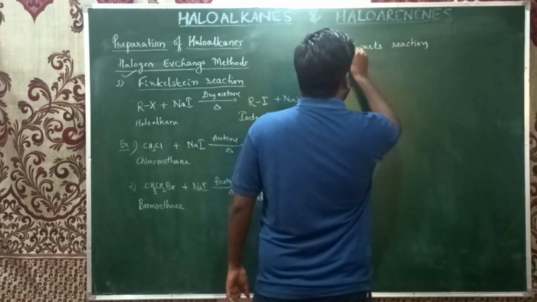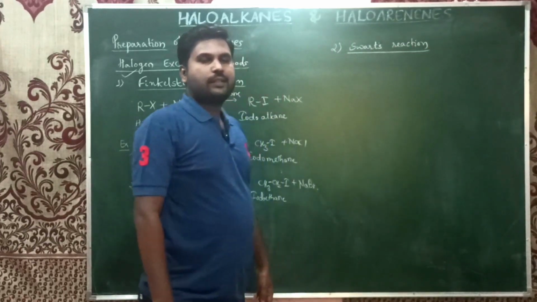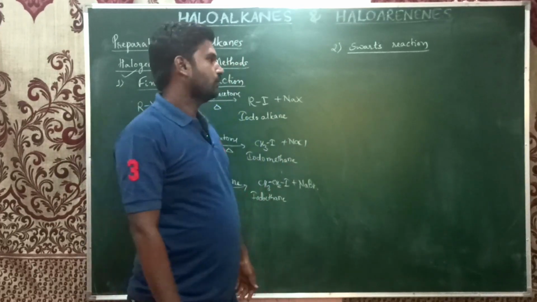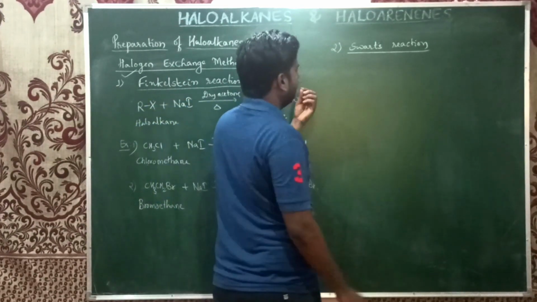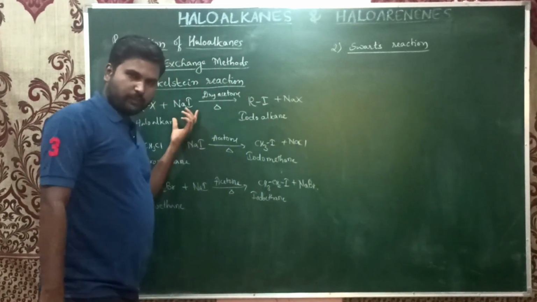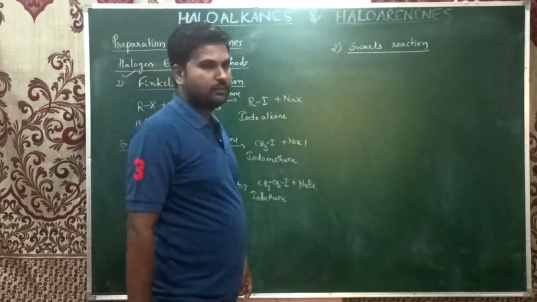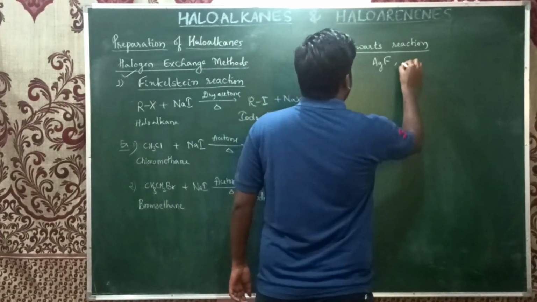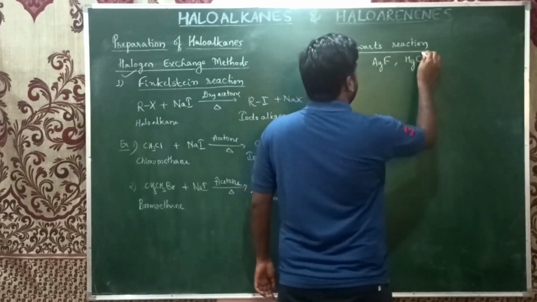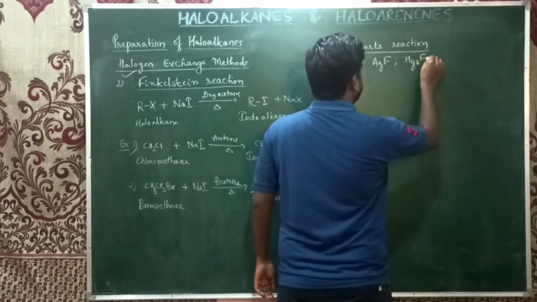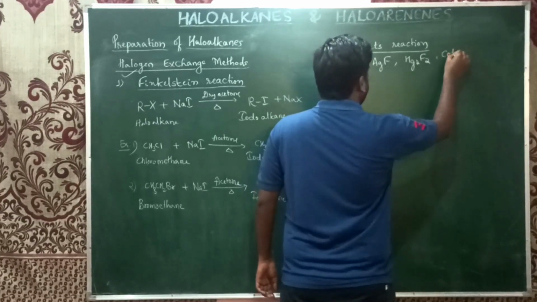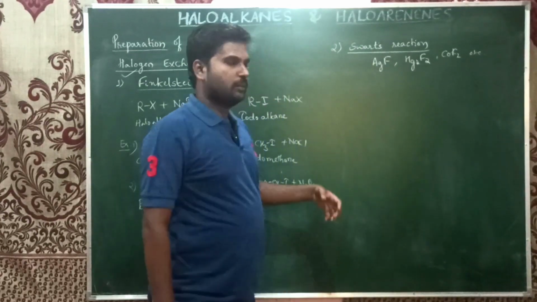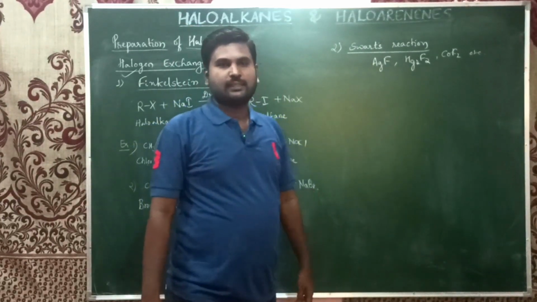So here we can convert the chloroalkanes and bromoalkanes into the fluoroalkanes. For example, here in Finkelstein we are using only one reagent, that is sodium iodide, and here we are using many reagents like silver fluoride or mercurous fluoride or cobalt fluoride, etc. So here you can use many of the fluoride salts.